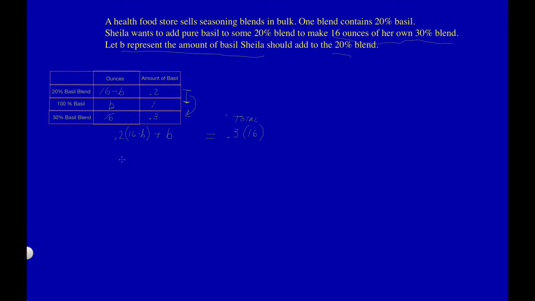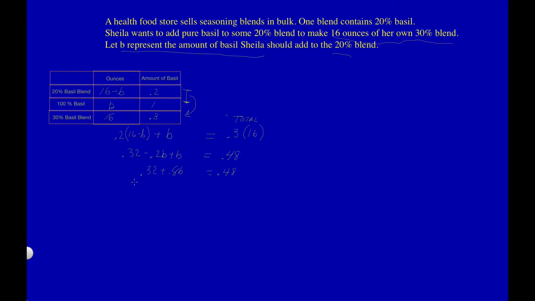Now we can multiply this out and solve for B. We get 3.2 minus 0.2B plus B equals 4.8. Combining these terms, we end up with 3.2 plus 0.8B equals 4.8.